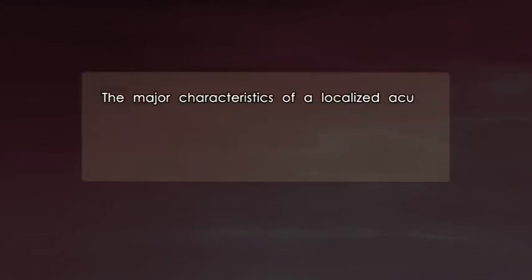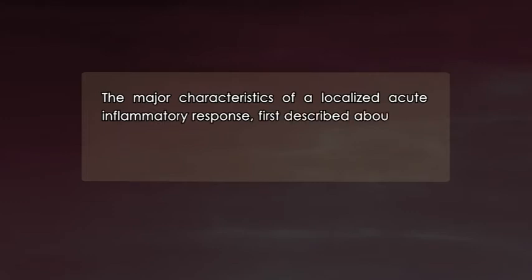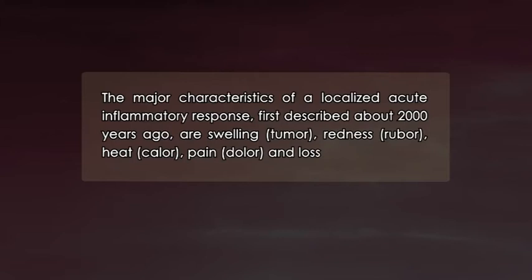Localized inflammatory response. The major characteristics of localized acute inflammatory response, first described about 2000 years ago, are swelling or tumor, redness or rubor, heat or calor, pain or dolor, and loss of function.